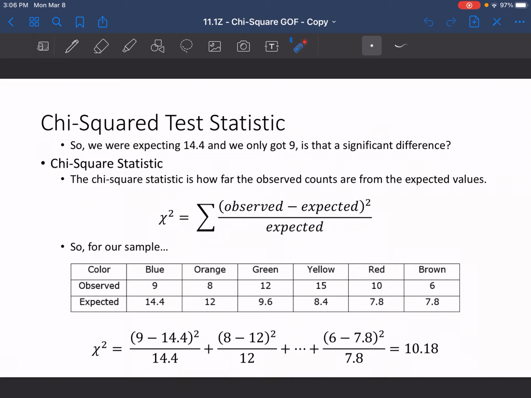And again, chi-squared is labeled as this squiggly x squared, so that's its notation. So if we were going to find the chi-squared statistic for this particular example, what we would do is take our observed values up here from the actual sample itself and pair them up with our expected values.